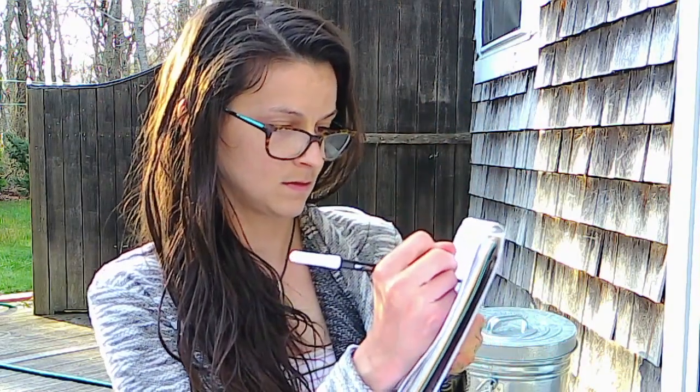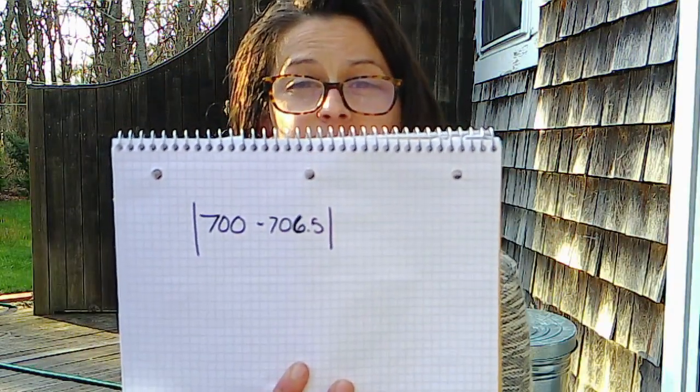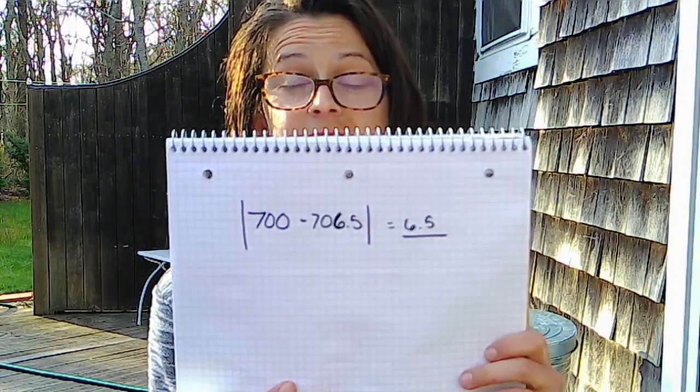The absolute value of the difference between the estimate and the actual area of the Pyrex lid is 6.5, and then I'm going to divide that by the actual area. So I'm going to divide that by 706.5. It's going to be a really small number. It's 6 divided by 700. It's going to be a teeny tiny percent.